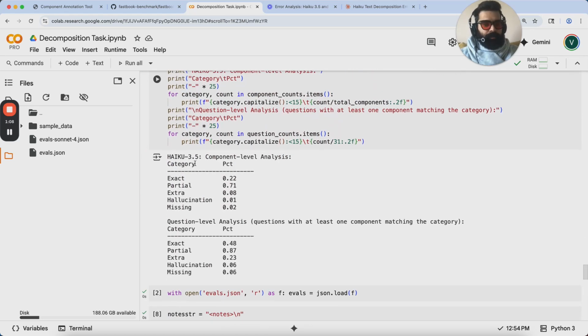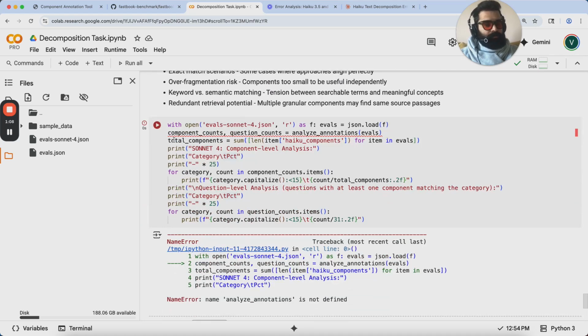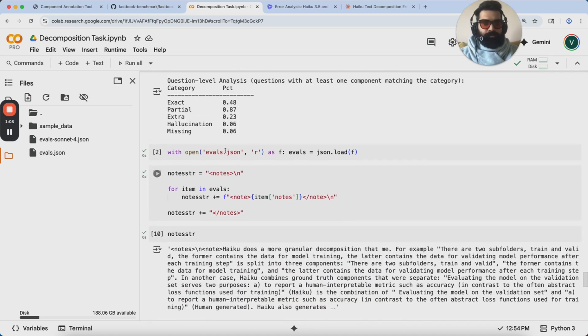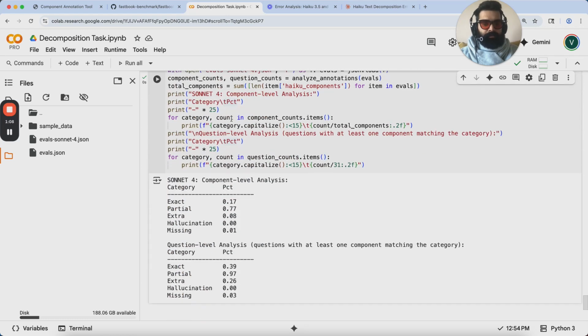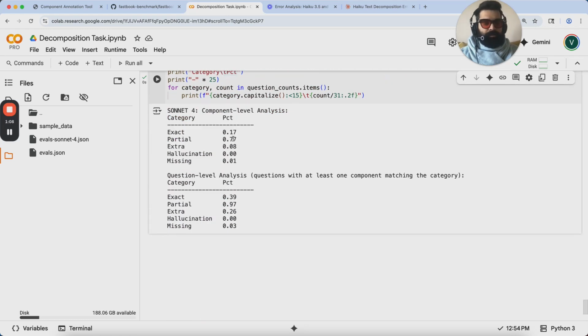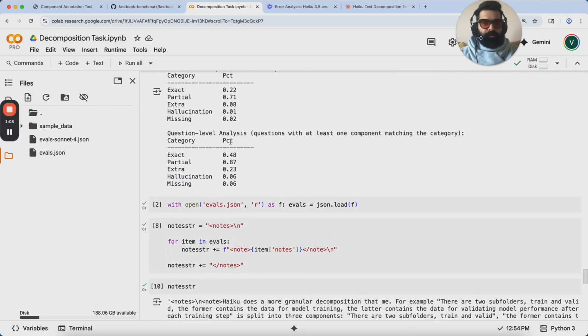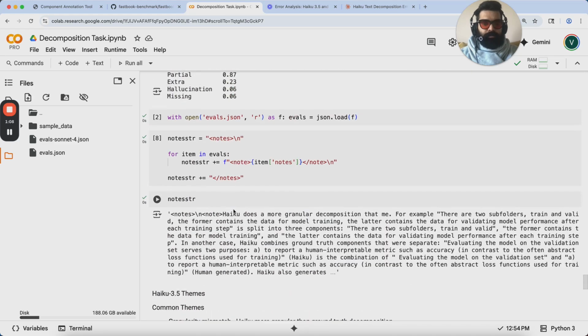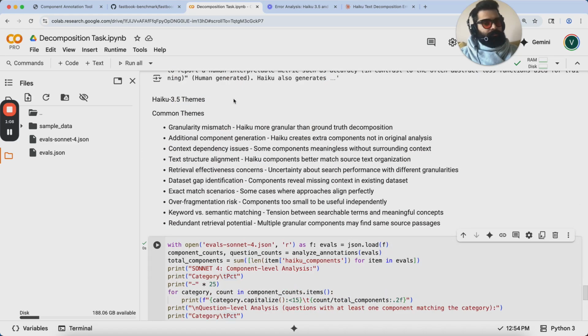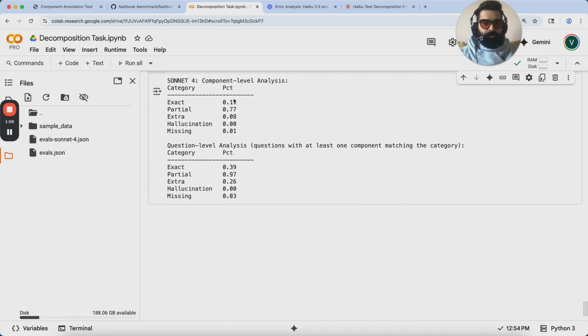So just real quick, haiku was 71% partial, 22% exact. Those are the main ones. Interesting. Sonnet was actually worse, 5% less exact, 6% more partial. No hallucinations, so it did better in that regard. Extra was the same amount. Missing was half as much.